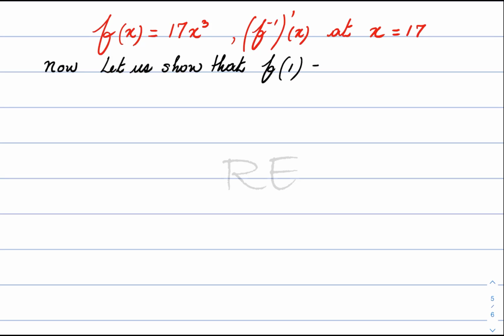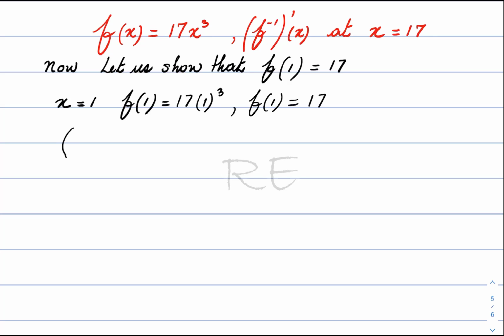Therefore, 1/17 belongs to the curve. Now, when x is equal to 1, f of 1 is equal to 17 times 1 cubed. Therefore, f of 1 is equal to 17.